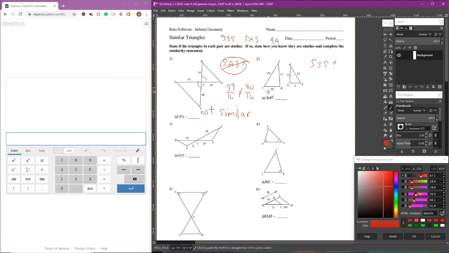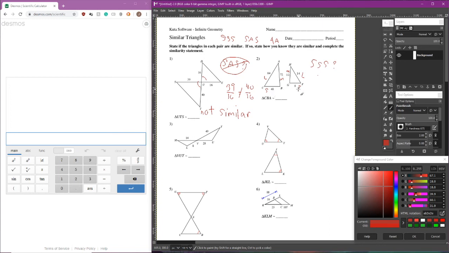And remember, one of the ways that we learned in class to keep everything straight and compare the things that go together is to write small, medium, and large by each of the side lengths. 48 is the smallest side. 72 is the medium, and the longest is 84. With the other triangle on the right, the 8 is the smallest, the 12 is the medium, and the largest is the 14.